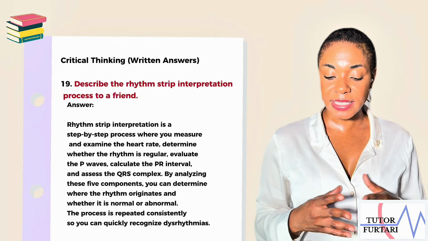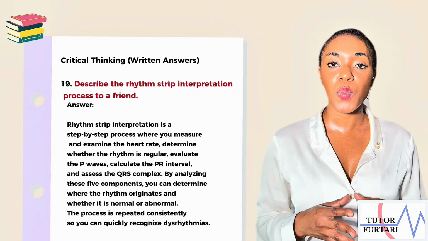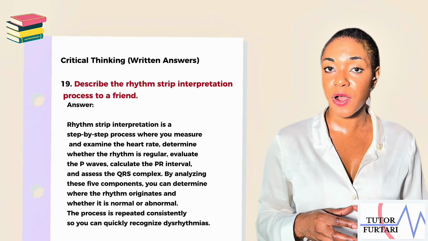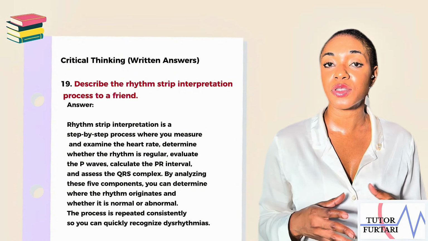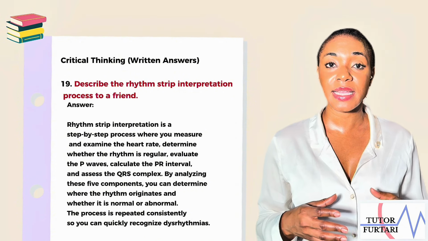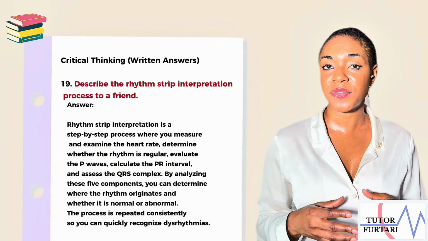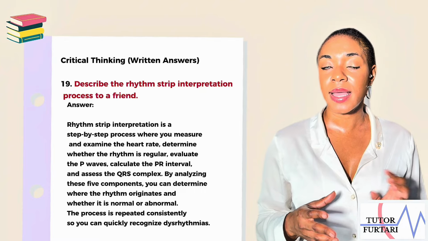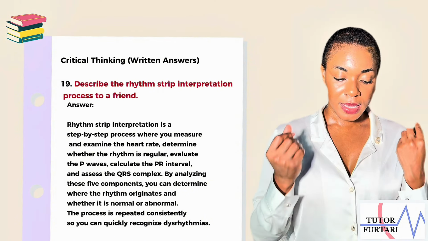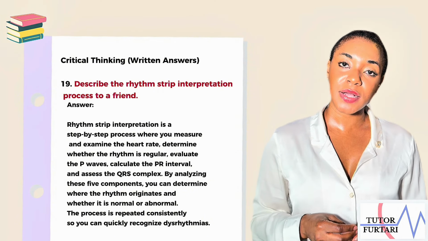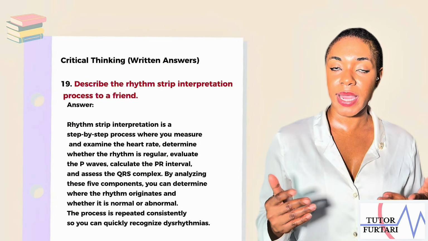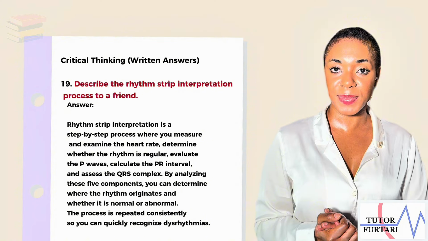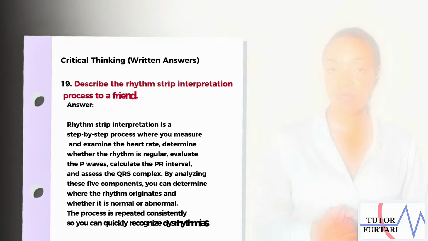You analyze these 5 components to figure out where the heartbeat originated from and whether there is an upcoming, underlying, or previous problem in the heart activities. This helps you figure out MIs or any type of dysrhythmia, which could be very fatal.